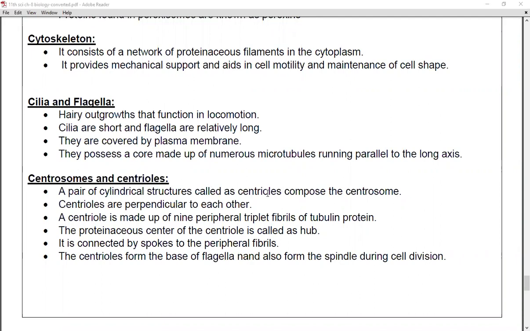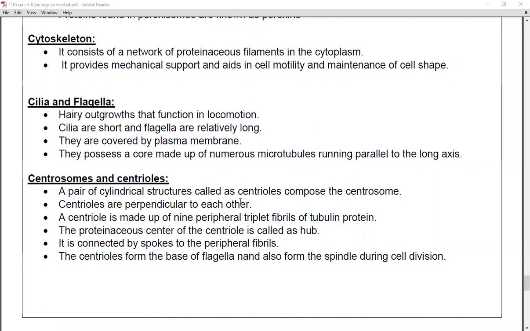The centrioles are cylindrical structures, and they are present in pairs. Whenever a cell is about to divide, the centriole separates and forms a pair, and this pair of cylindrical structures is known as the centrioles. These two centrioles compose the centrosome.